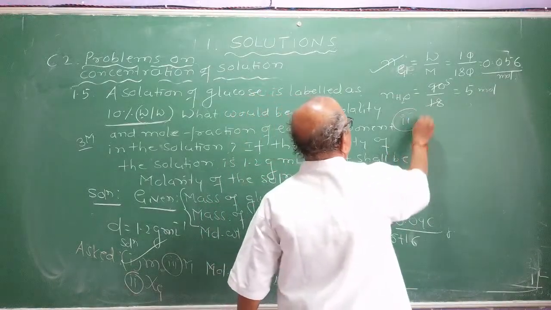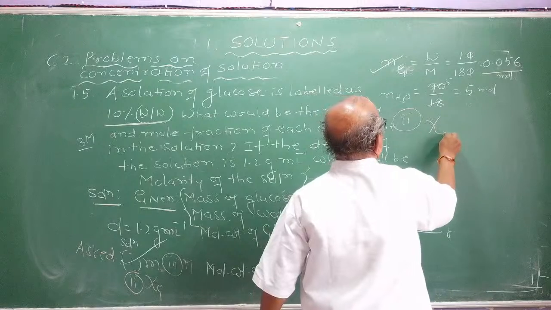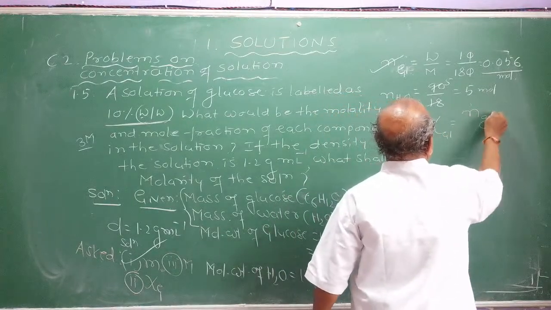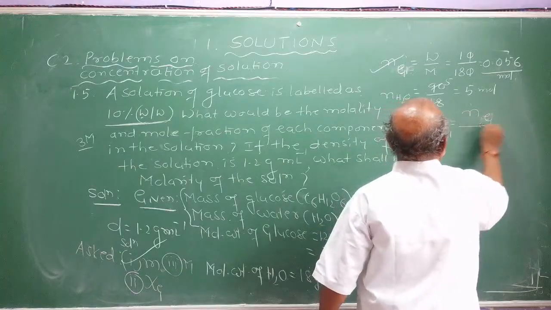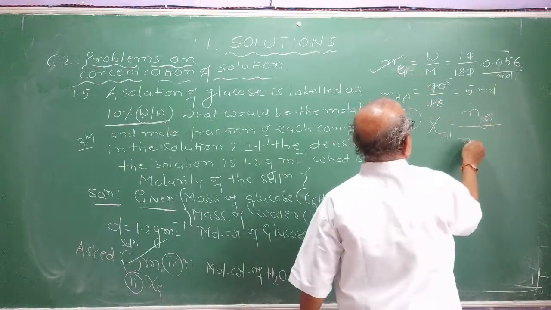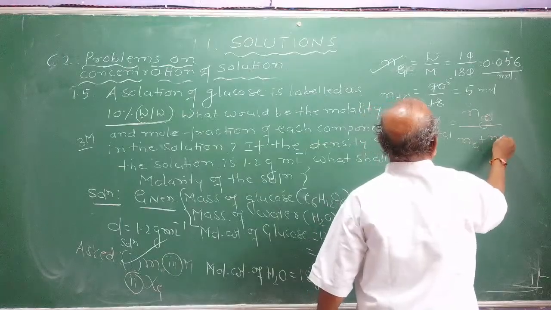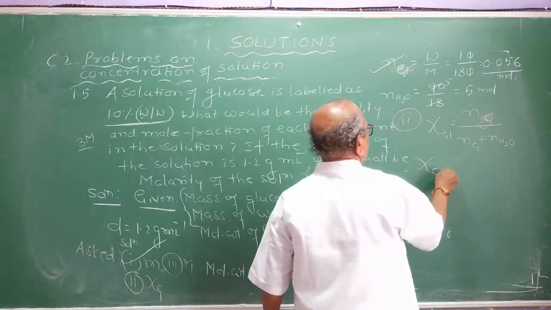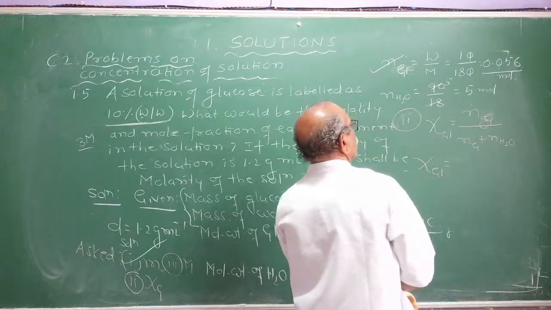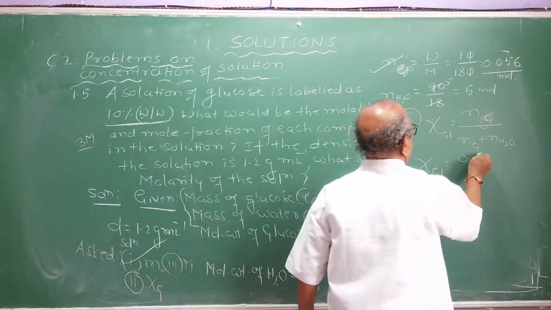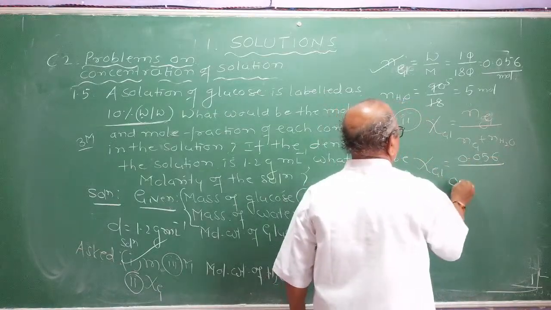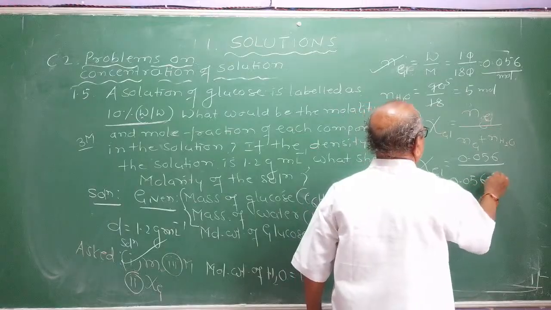The second part you are asked is the mole fraction of glucose, given by number of moles of glucose divided by total number of moles of glucose plus number of moles of water. Already we have prepared it. Mole fraction of glucose is 0.056 divided by 0.056 plus 5.